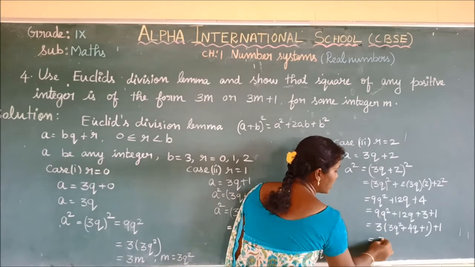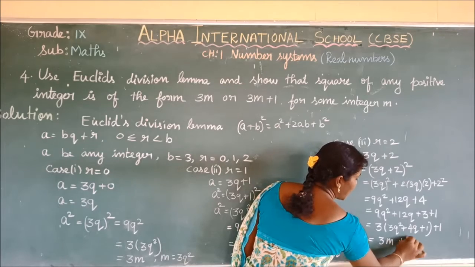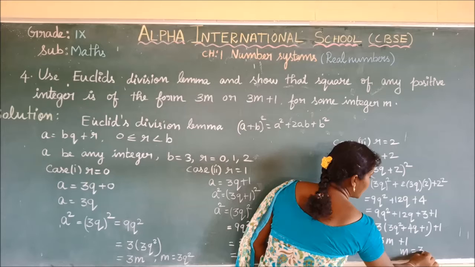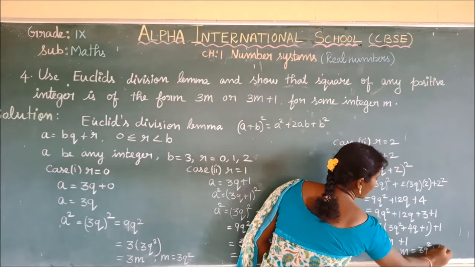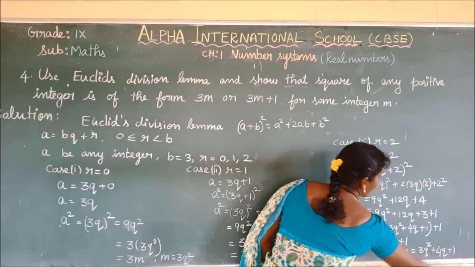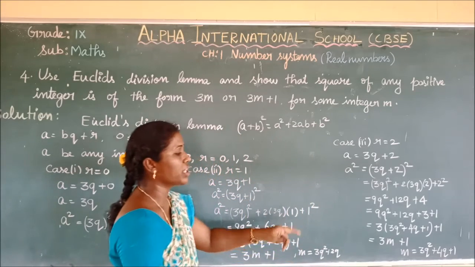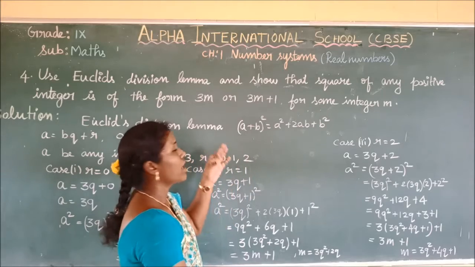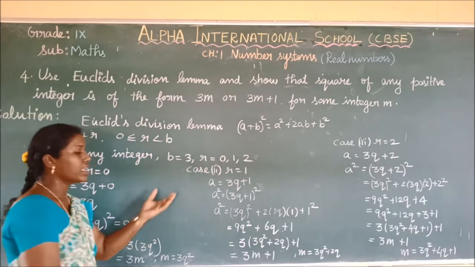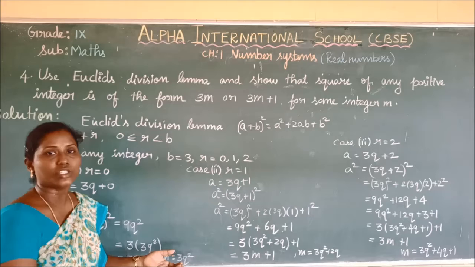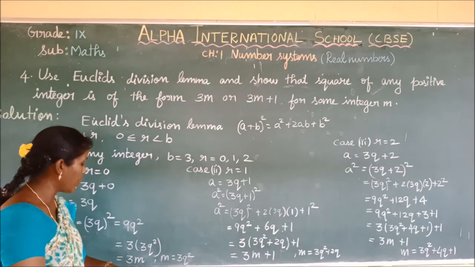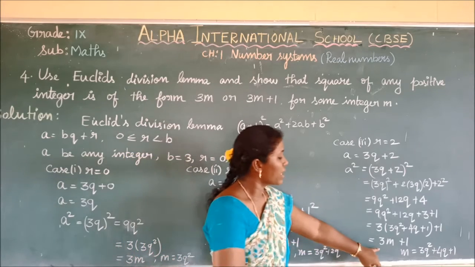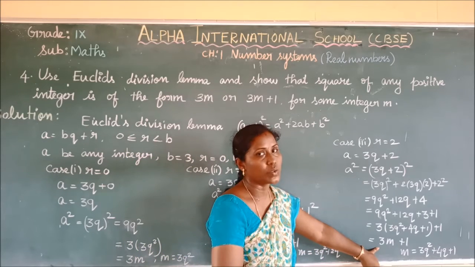So I am taking 3 into m plus 1, because I am considering m as any integer, that is 3q square plus 4q plus 1. This is the condition in the form of 3m plus 1.